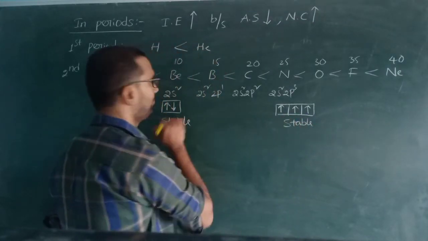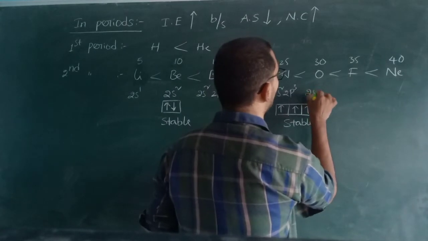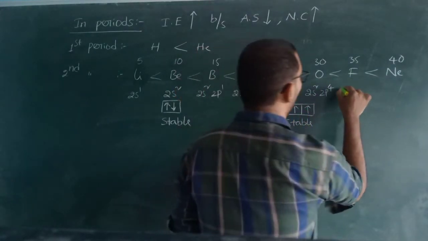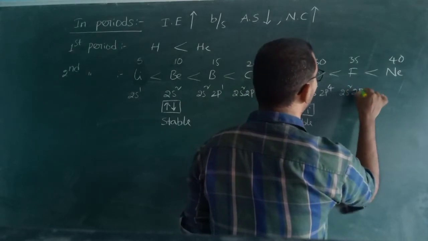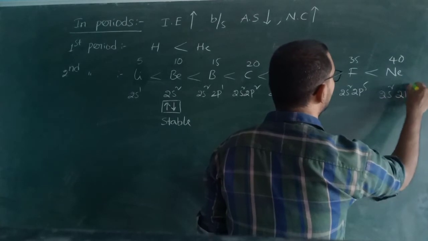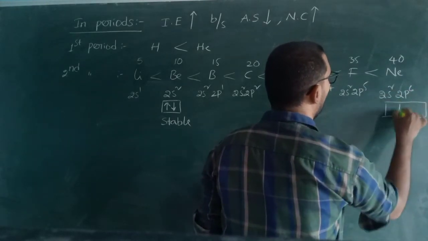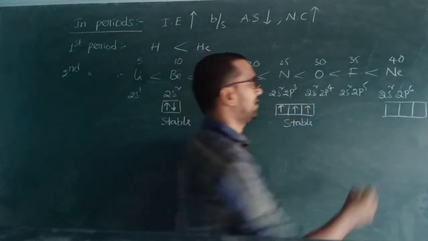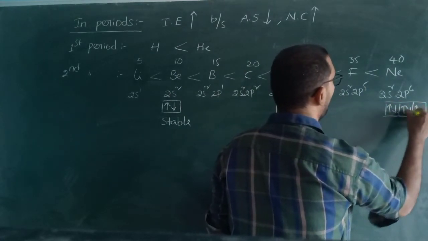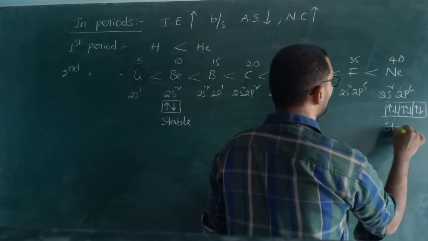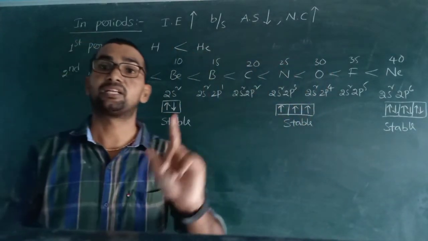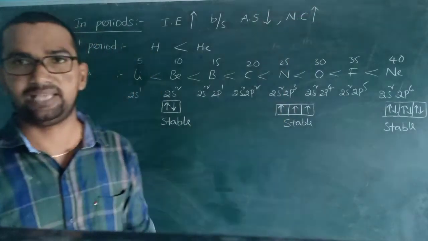Oxygen 2s2 2p4 and fluorine 2s2 2p5 have no half or full filling. Neon 2s2 2p6 is full filling, also stable. So a stable electronic configuration means it requires more energy than expected.